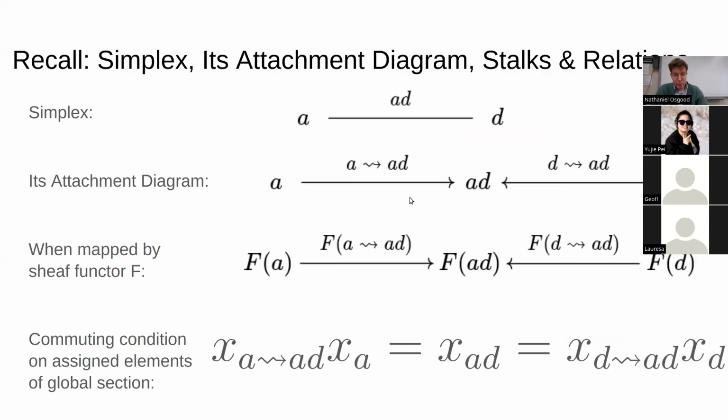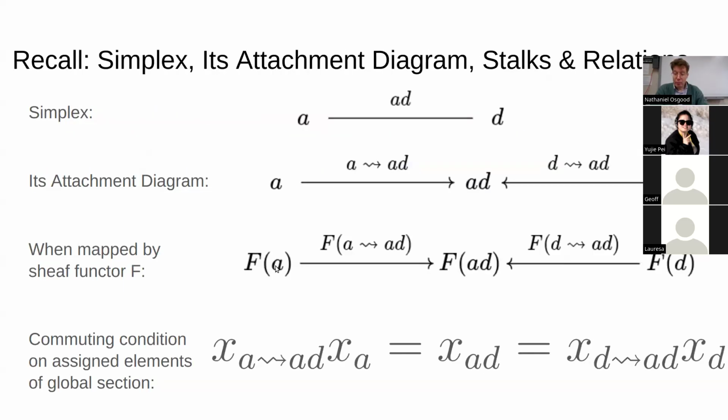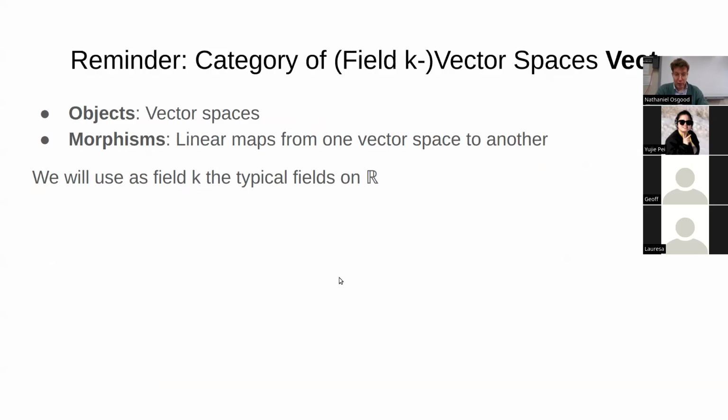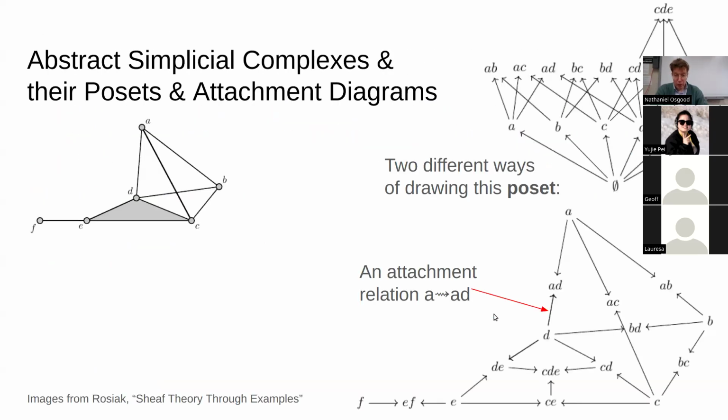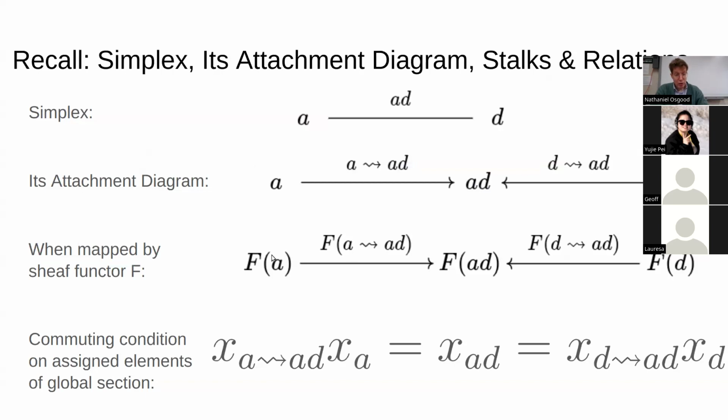So we have this attachment diagram, right? Now, when we map this over with our functor from this poset category, from this poset, we hit it with our functor. That turns into, each of these is an object in that category.